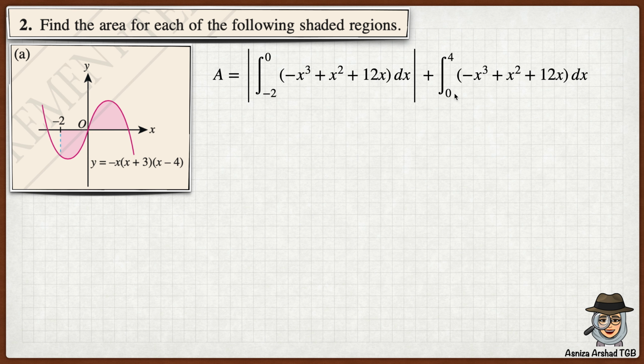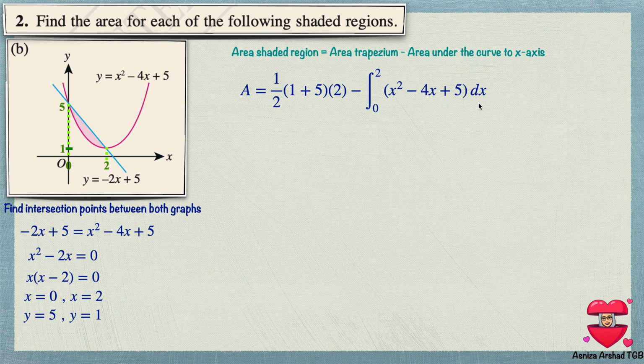So the area of the trapezium will be half times (1 plus 5), the sum of the two parallel sides, times the height 2, and then we minus the integral, the area between the curve and the x-axis, with limits 0 to 2 of x squared minus 4x plus 5 dx.